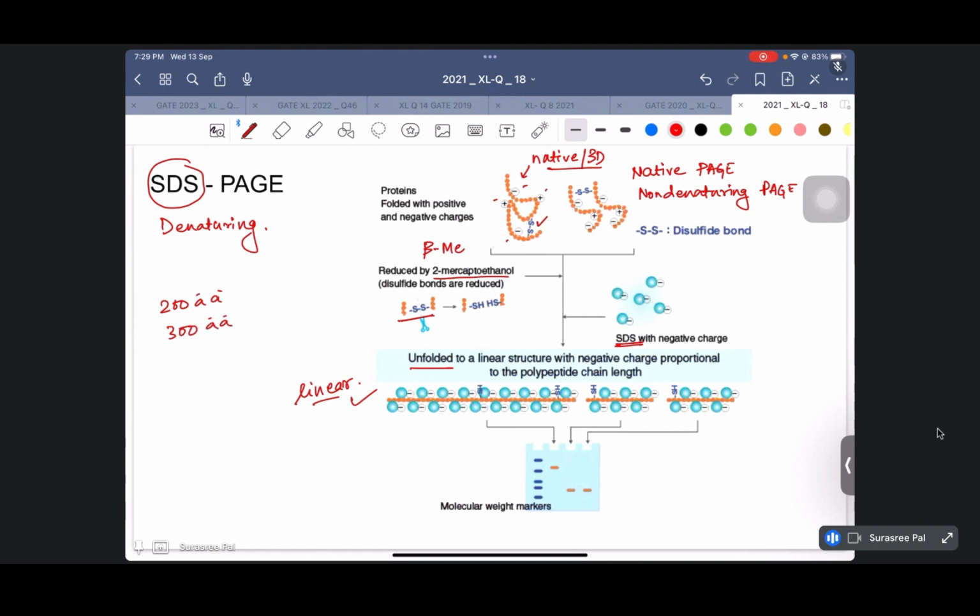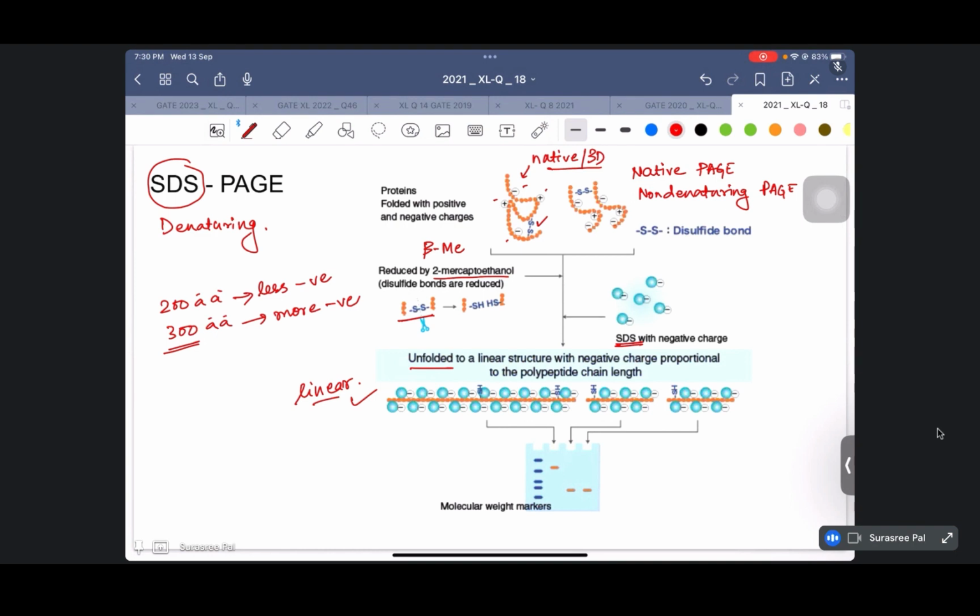SDS imparts negative charge proportional to the polypeptide chain length, or uniform negative charge, which means that the 300 amino acid long protein will have more negative charge, and the 200 amino acid protein will have less negative charge, simply because the chain length is longer in the 300 amino acid protein.